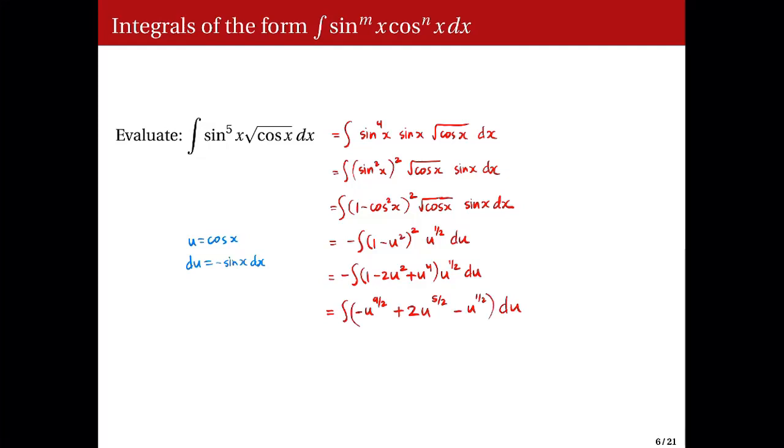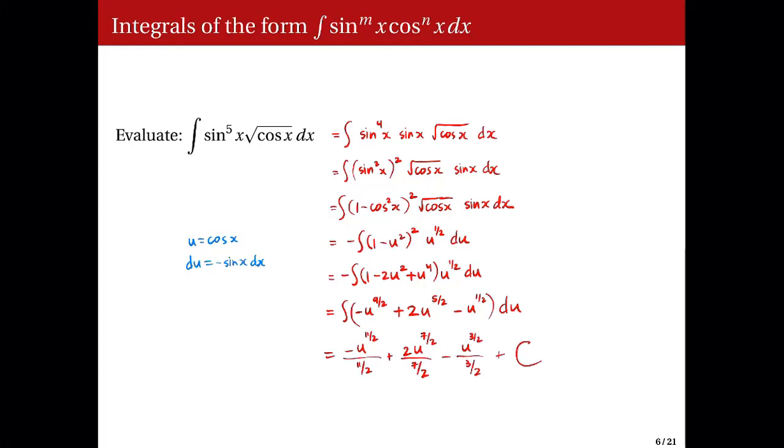And then we are now ready to integrate this. So I hope you practice your power rules for integration, etc. And this guy here, if we integrate, we will have negative u raised to 11/2 over 11/2 plus 2u raised to 7/2 divided by 7/2 minus u raised to 3/2 over 3/2 plus the arbitrary constant c. And then we bring back cosine.